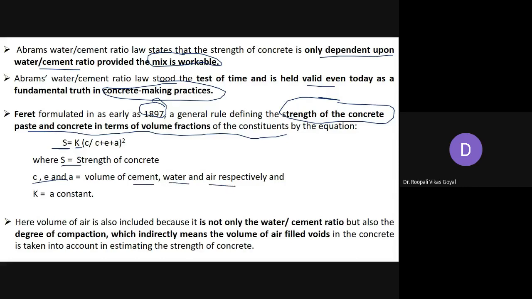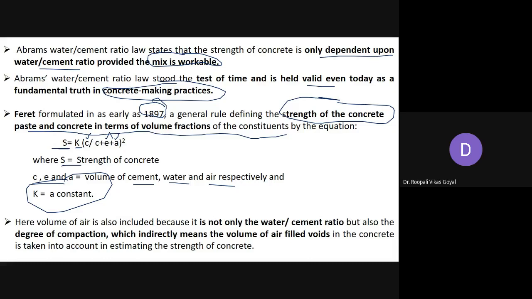So here if E and A are increasing, it again decreases your strength, and C, which is in the numerator, if it is increasing, also increases the strength. So he has also given this law, though it is not a law but a simple equation given for the strength of concrete.